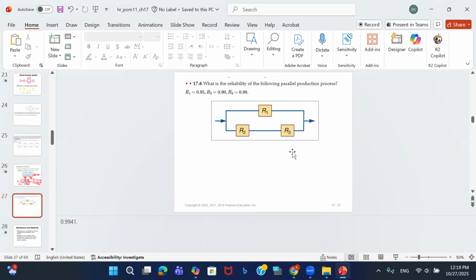If you don't know, that means you do not understand the reliability concept. Just go ahead and find the reliability for this system. If you have an answer, share your answer with us in the chat box here. Let me give you 4 minutes. So it's 12:19, 12:23. We will see the results.